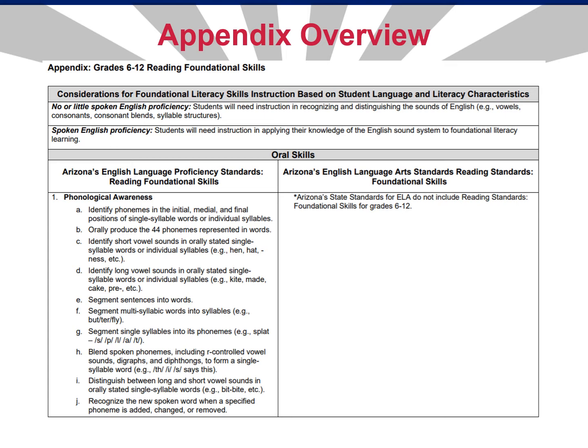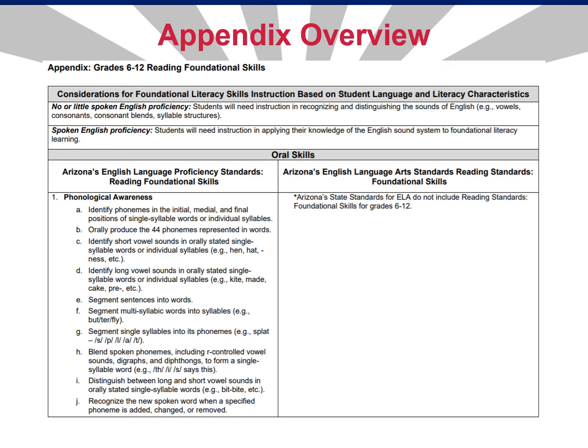The right-hand column is included as a crosswalk reference to the foundational skills from the K-12 Reading and Language Arts Standards. As you can see in that column, the ELA standards do not include foundational reading skills for grades 6 through 12. As a teacher of English learners in the upper grades, however, you may have ELs who enroll who need extra help filling some foundational reading gaps.